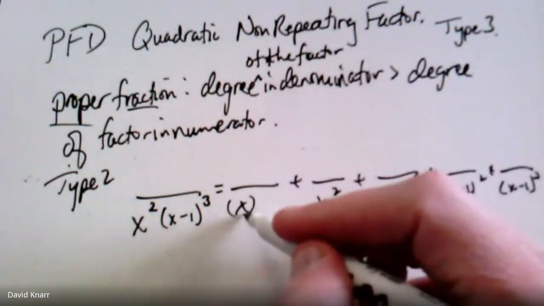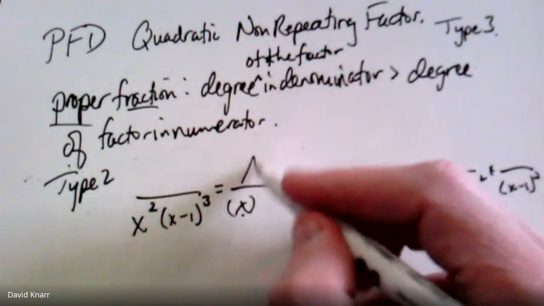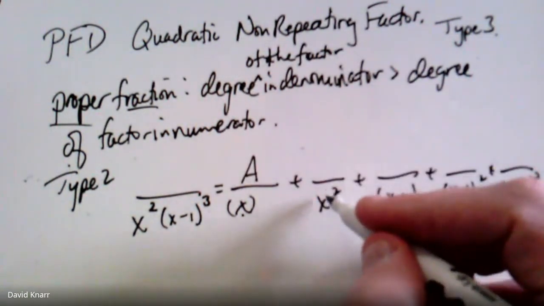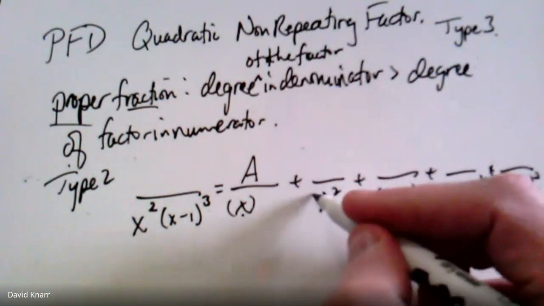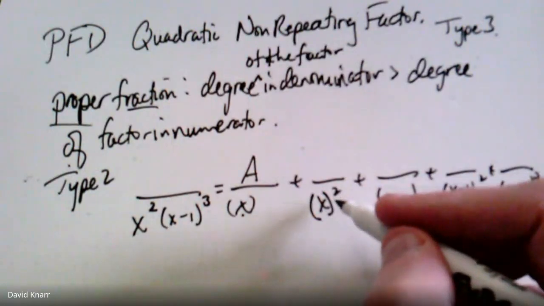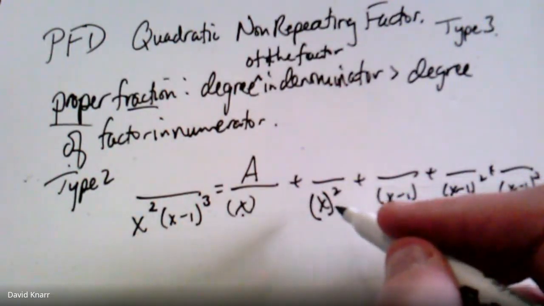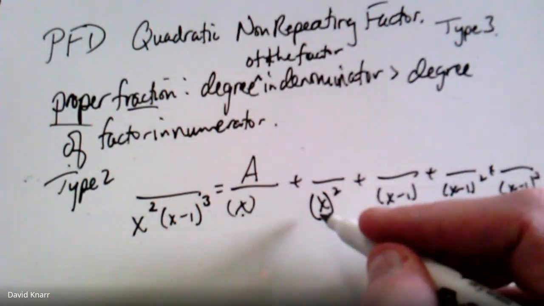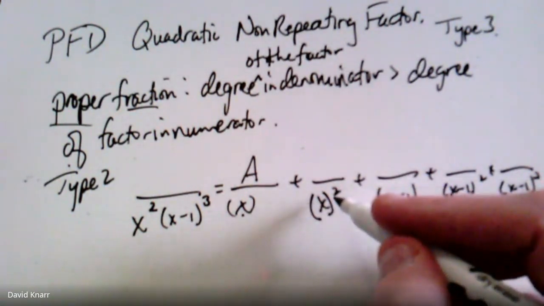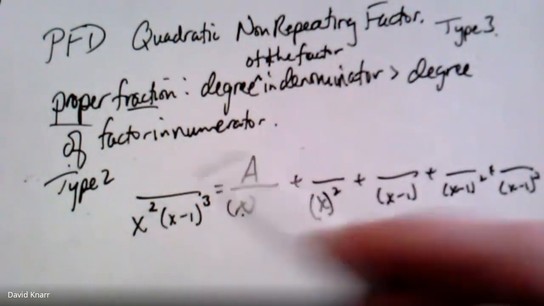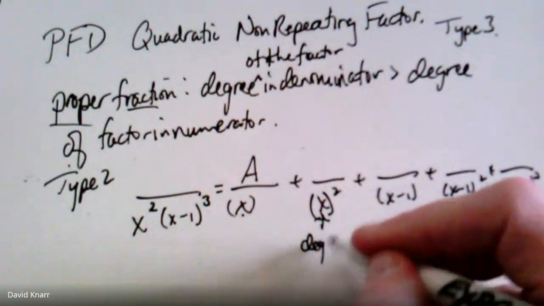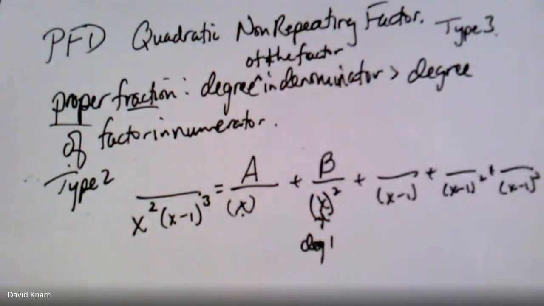Here, the factor is x. It's a linear factor, so we put a letter a on top. The next term also has a factor that's an x. That factor happens to be squared, but the factor is x itself. It came from here. It's just that we squared it when we got to the next one because of the x squared. So the factor is degree 1. So on top, we put a b.